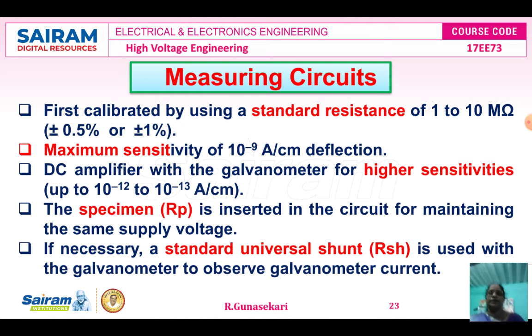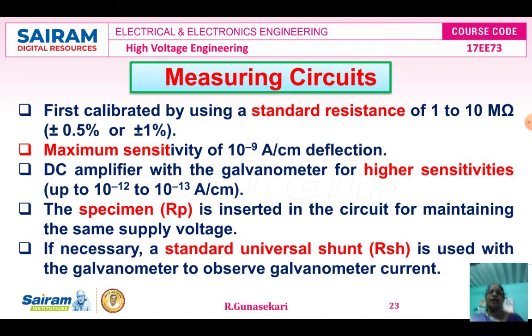That is mandatory. First, this measuring circuit is calibrated by using a standard resistance RS. The value of the standard resistance is 1 to 10 megaohm, with a tolerance of plus or minus 0.5% or plus or minus 1%. The maximum sensitivity of the galvanometer is 10 to the power minus 9 amps per centimeter deflection.